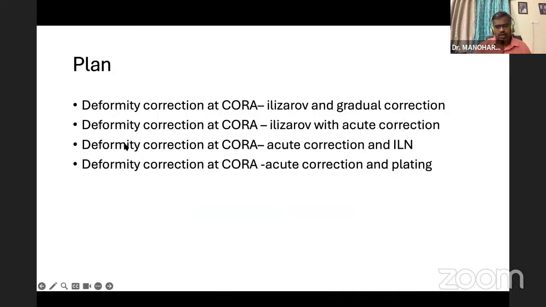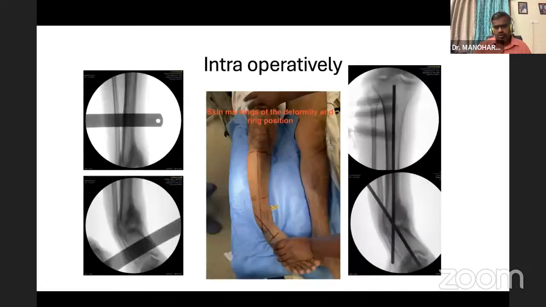These are the options which I had in mind. Like everyone said, I also do the preoperative planning with the graph method. In this case, I made a sketch marking on the leg itself before draping, using the C-arm and a metal scale to make it perpendicular.